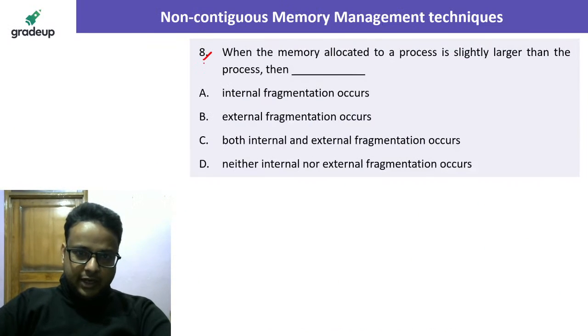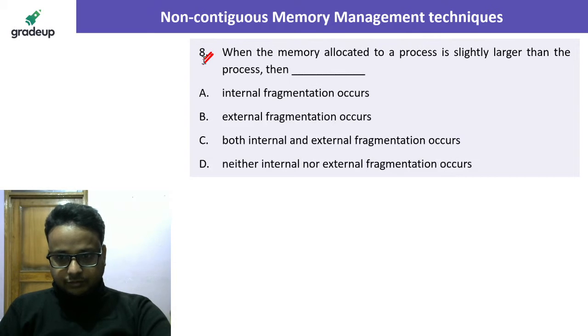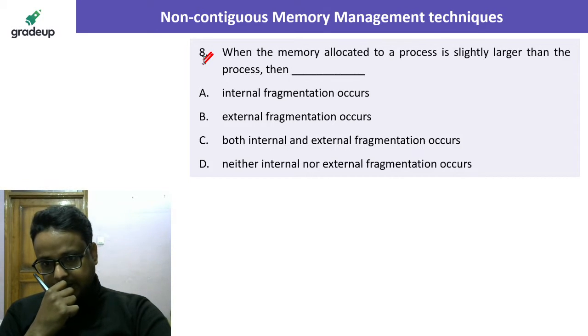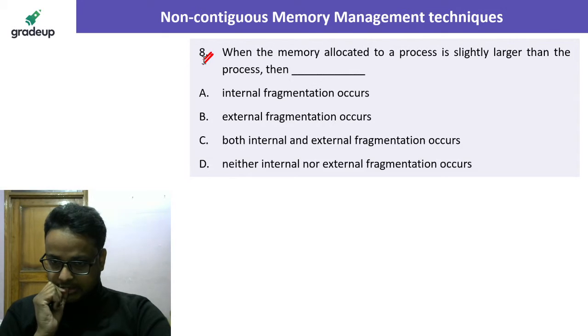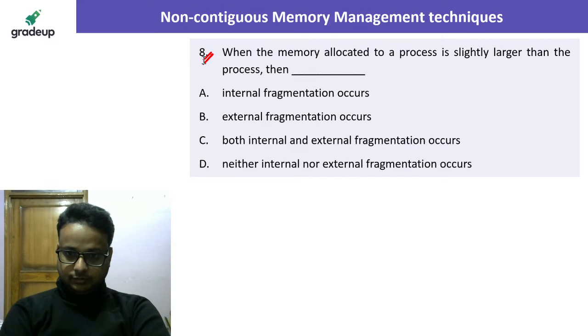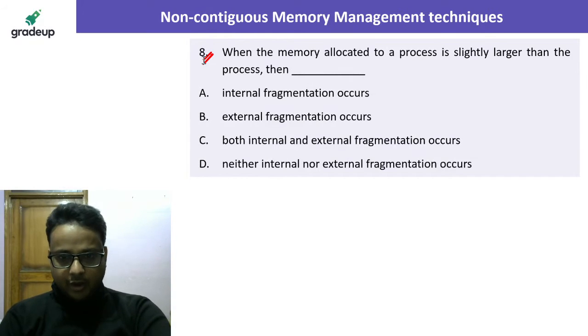Now here is question number 8. When the memory allocated to a process is slightly larger than the process, then option A, internal fragmentation occurs; external fragmentation occurs; both will occur; neither internal nor external.